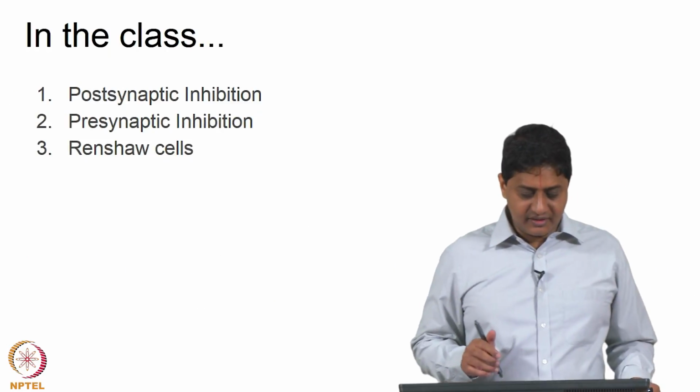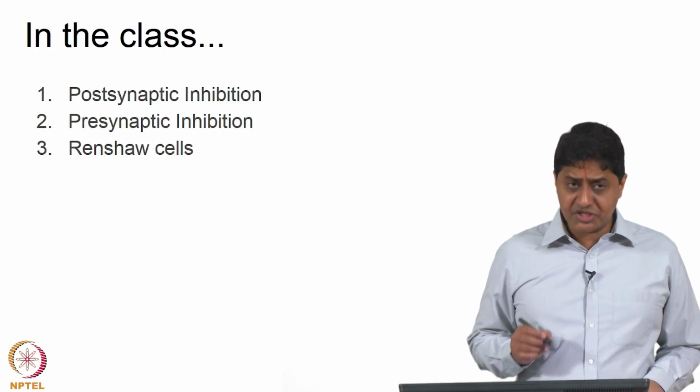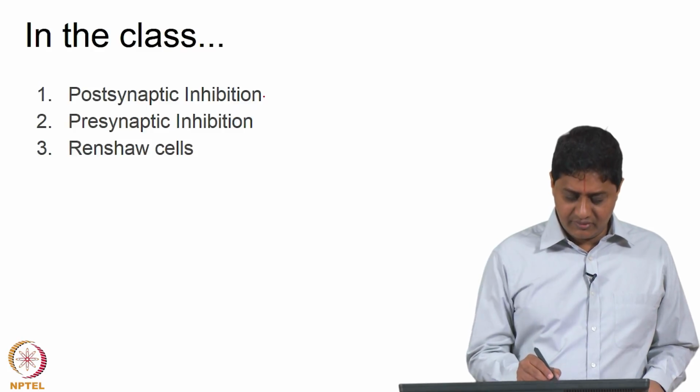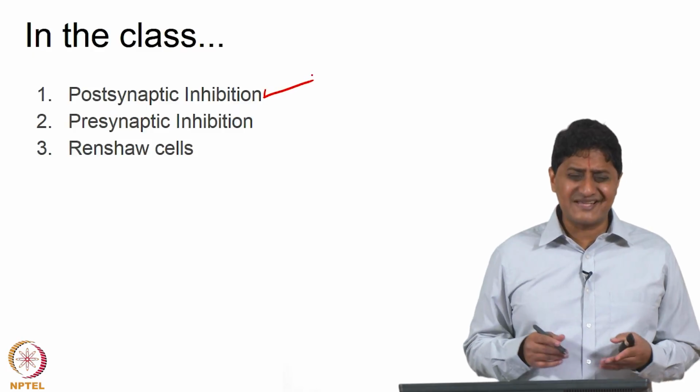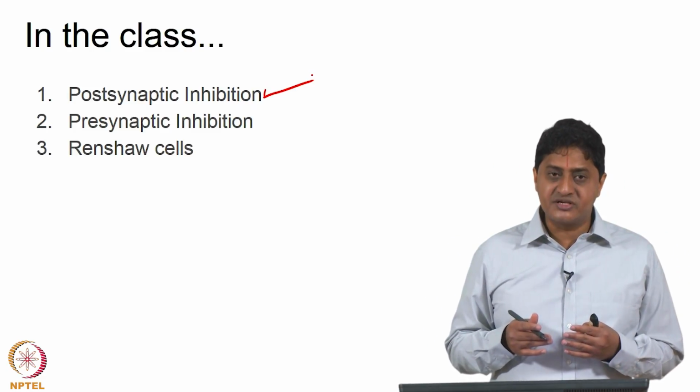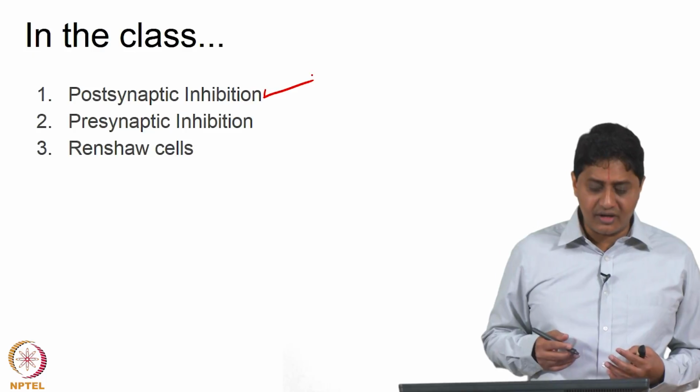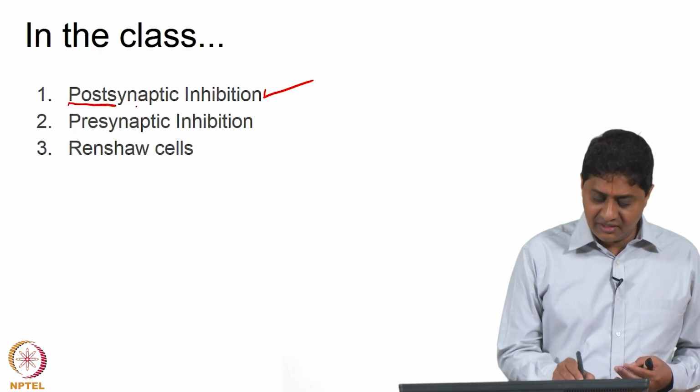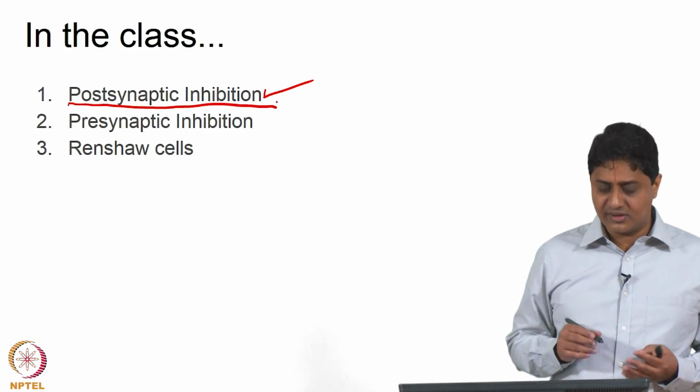In this class we will be talking about inhibition, specifically what is generally called postsynaptic inhibition. When I mention just inhibition, we are referring by default to this postsynaptic inhibition. So, what does this involve?